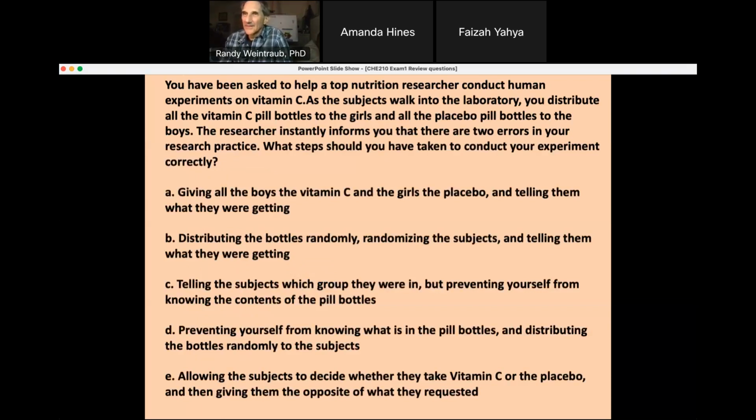So this one is, you've been asked, this is related to scientific method. There's a bunch to read here, but you've been asked by a nutrition researcher to conduct a human experiment with vitamin C. As the subjects walk into the lab, you distribute the vitamin C pill bottles to the girls and all of the placebo pill bottles to the boys.